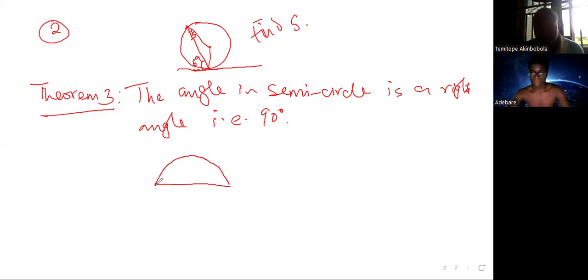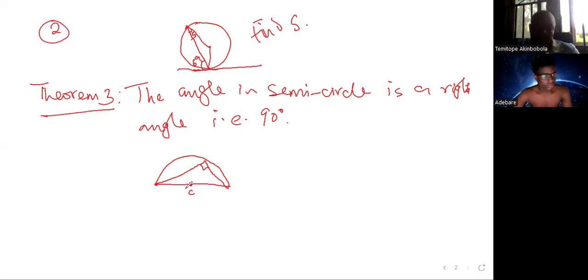You have a semicircle. So this is the center of the circle. The angle that faces the center is 90. So in a semicircle, the angle that faces the center, the way you have it here, is what we are saying is 90.